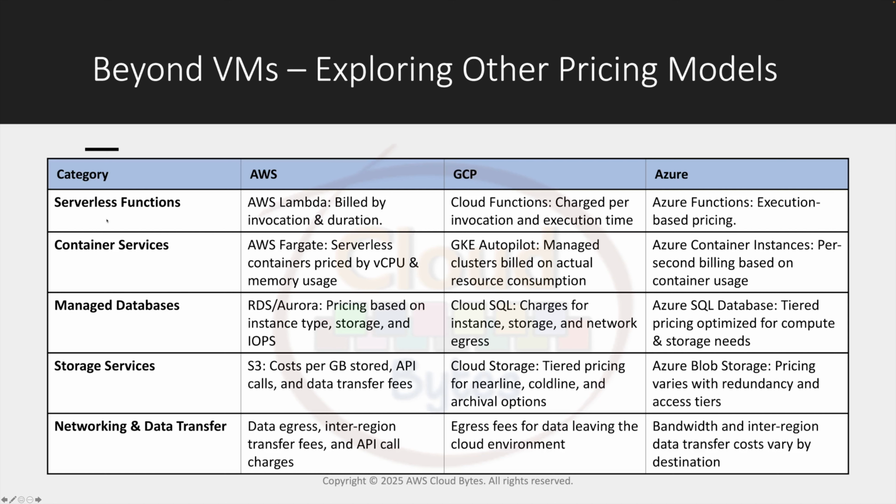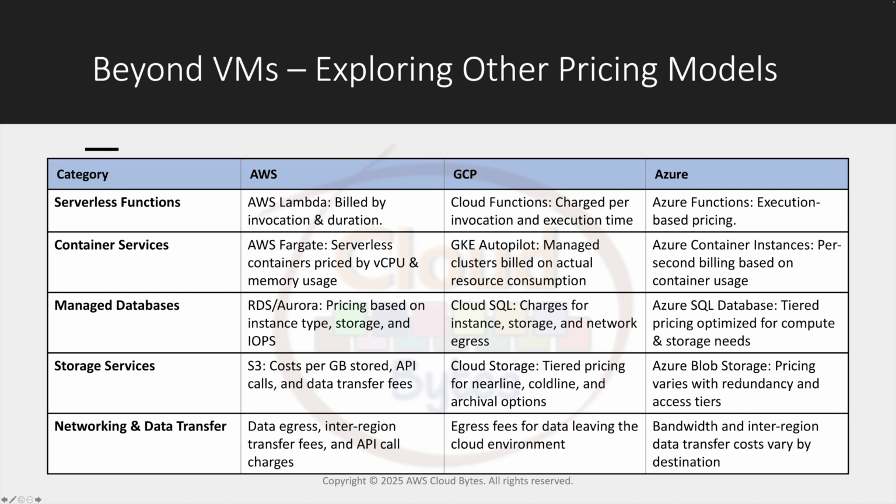These are container, serverless, managed databases, and then you have storage services, which is basically S3 for object storage. Then you have Cloud Storage, which is again tiered, Nearline, Coldline, very similar to the various storage options in AWS, like Glacier, standard storage, and One Zone.